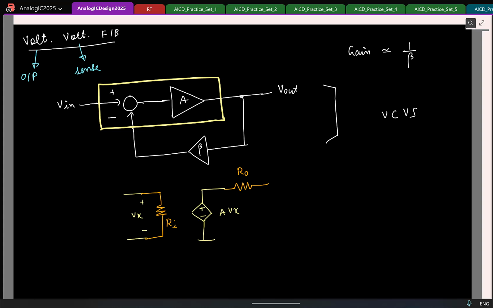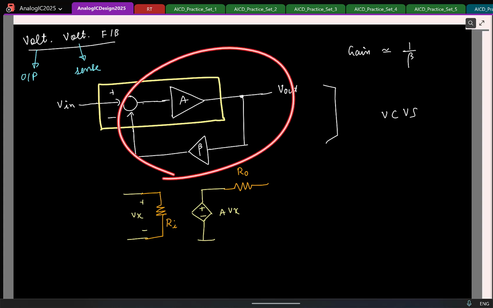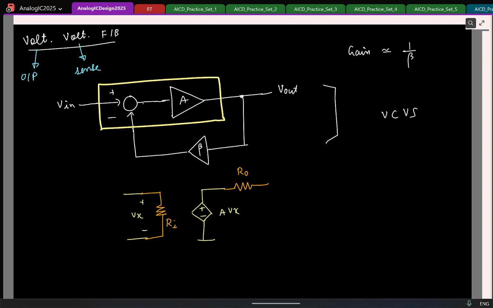Now our claim is that if I go and put it in negative feedback, as long as A is large, this becomes a better voltage controlled voltage source. So let's check it. At least we verified that the gain is constant, right? Gain is roughly constant. That much is done. So let me actually put it in negative feedback. So this is the output.